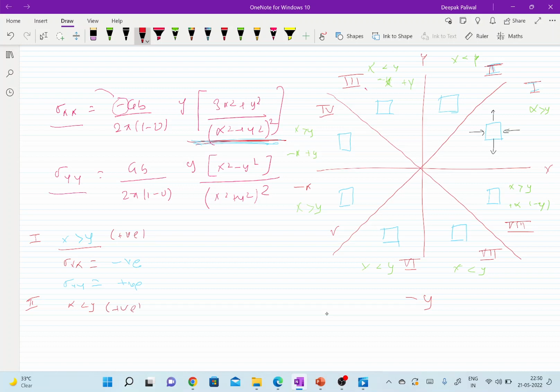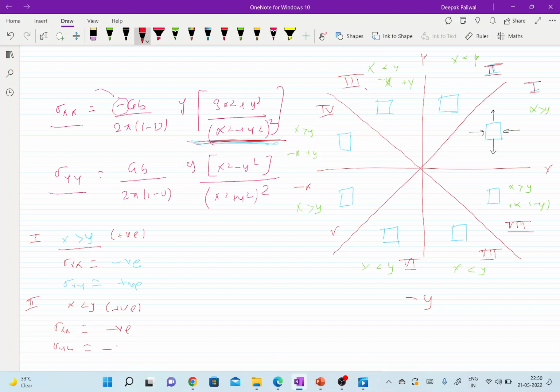This one is also positive. Okay, see sigma xx and sigma yy. Sigma xx, again x is greater than y, both are positive, again it is negative, so this will be a negative quantity. Now here the picture comes like y is greater than x. Y is greater than x, so this becomes negative only.